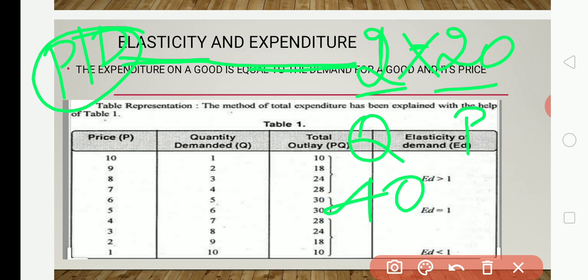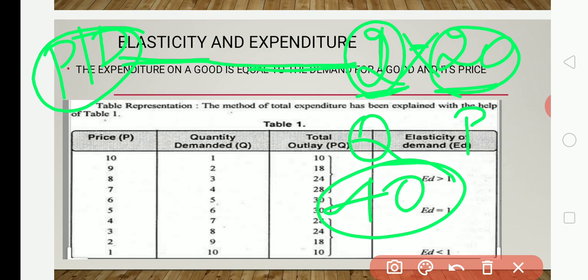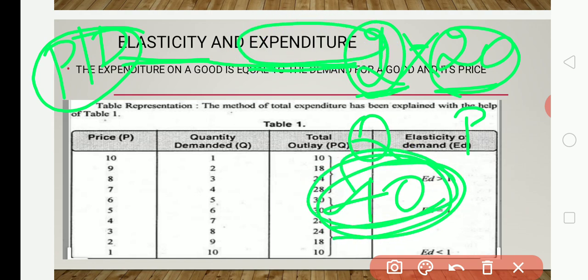So 40 rupees I spent to get 2 cakes, and each cake price is 20. That 40 is nothing but expenditure. How much I spent, that spending is nothing but expenditure.